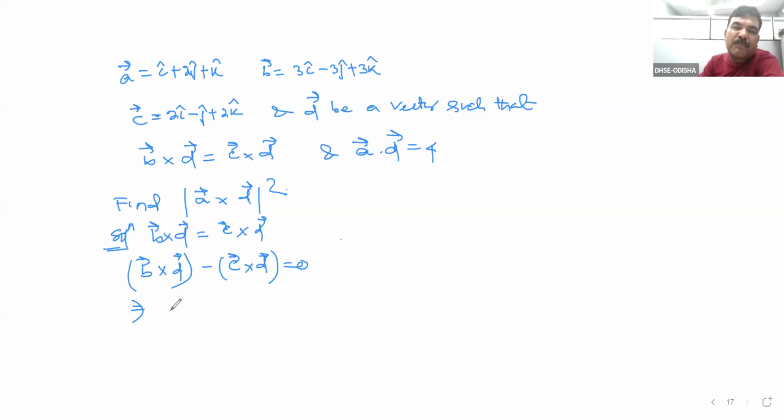This implies B minus C cross D is equal to 0. So these two vectors are parallel.